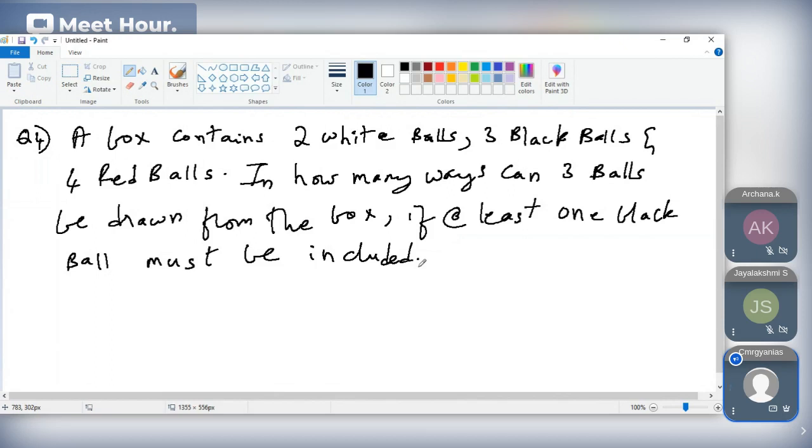The same type, if you solve and give me the final answer, that means you have understood. Such types of questions keep coming in the exam.